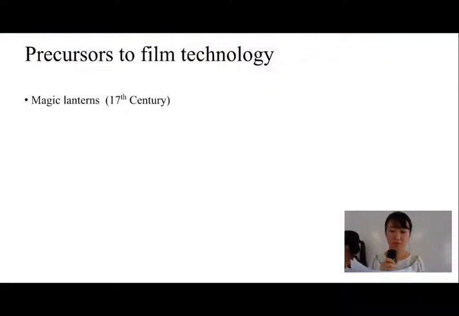Let's see some precursors to film technology. The first one, magic lanterns, developed in the 17th century, is an early type of image projector employing pictures painted, printed, or produced photographically.